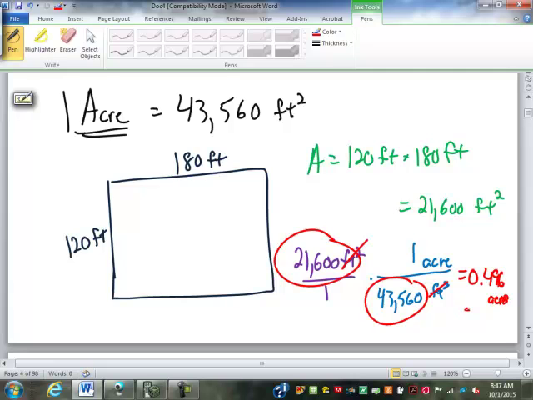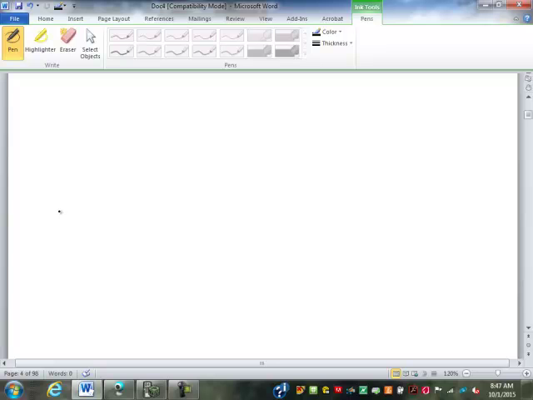So just less than half an acre. That's a large city lot, by the way, 120 by 180. Okay. Well, how about volume?